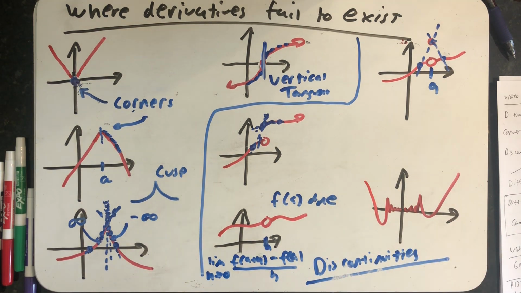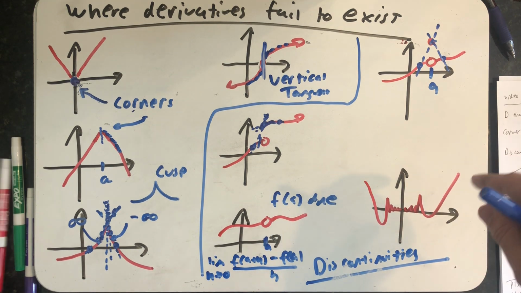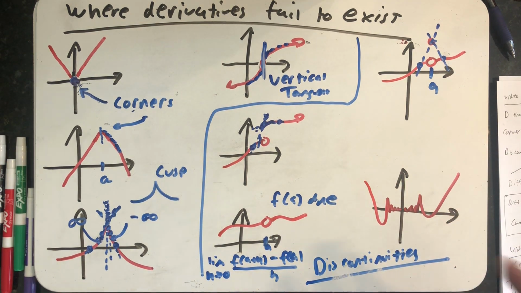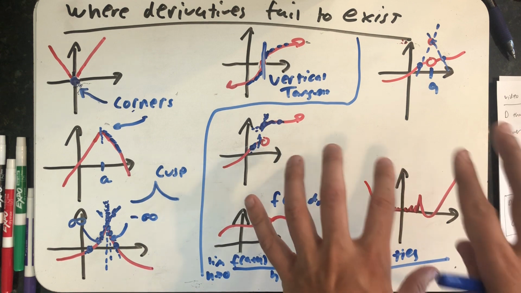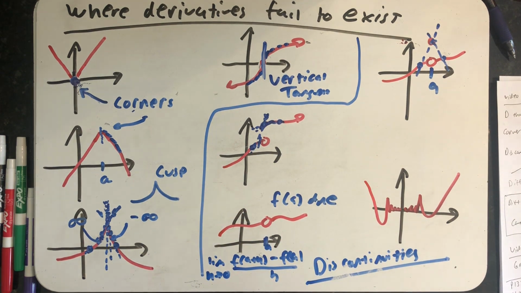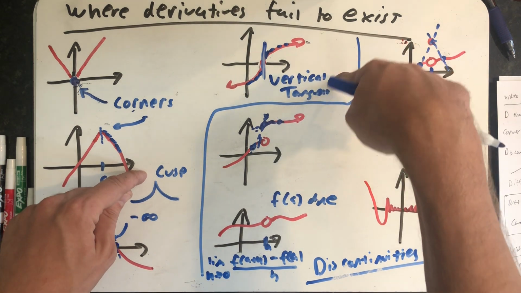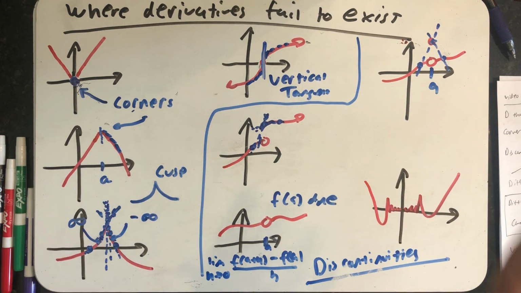And here's my wild oscillation, and that's the idea that that function bounces around so much that I wouldn't even be able to draw a secant line. So, by my count, I have 1, 2, 3, 4 kinds of places where a derivative doesn't exist. Corners, cusps, vertical tangent lines, and any discontinuity. Those are the places where a derivative would fail to exist.